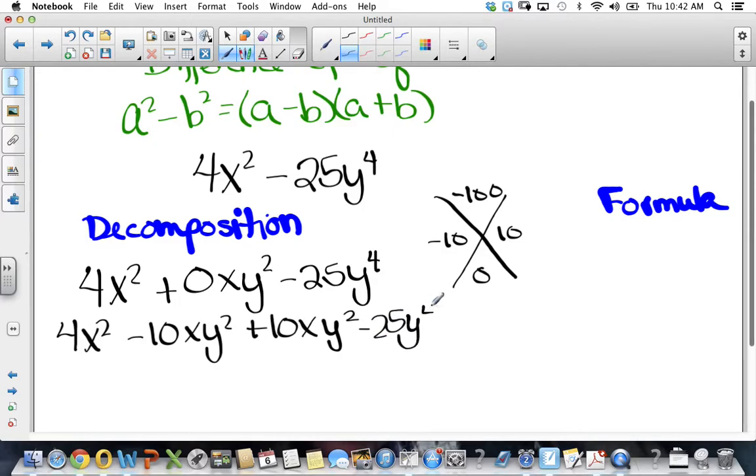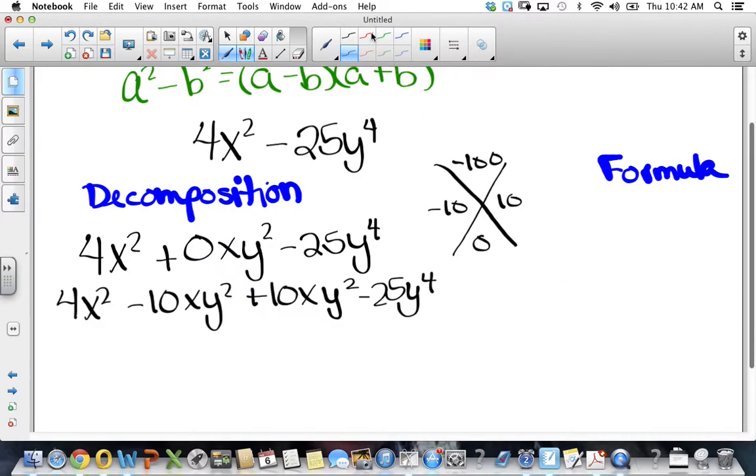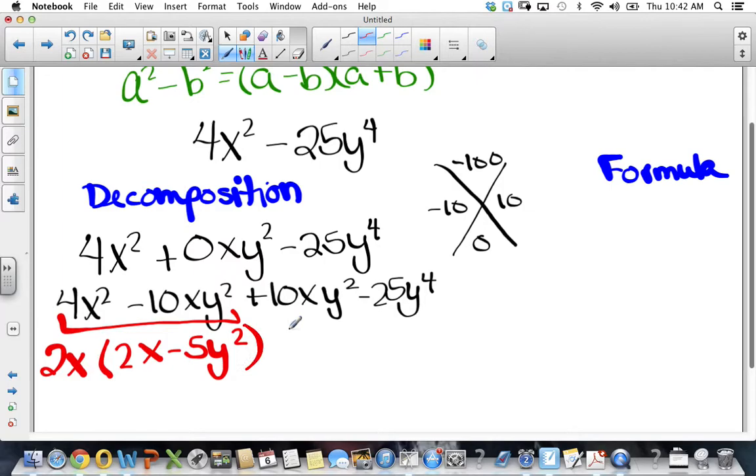Now I'm going to factor by grouping. I'm going to pull out the GCF of the first two and the second two, and I should be left with the common factor. So the GCF is 2x, and I'm left with 2x minus 5y squared. Bring down the plus.